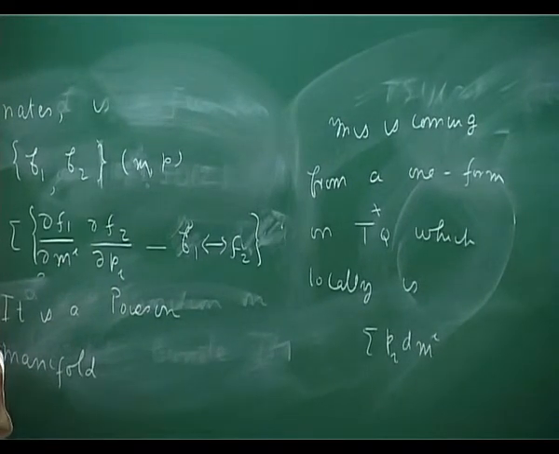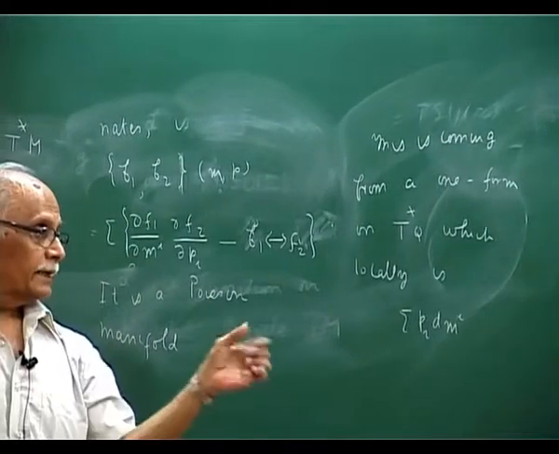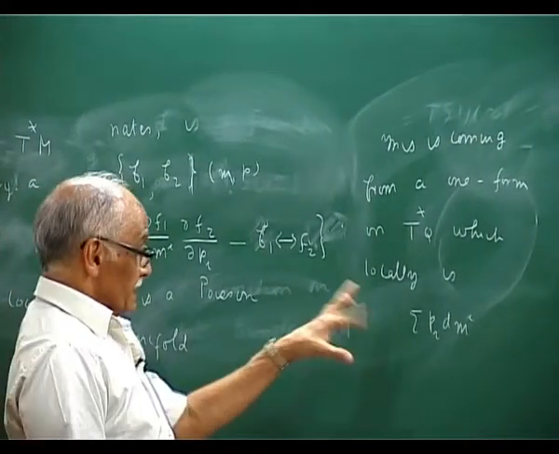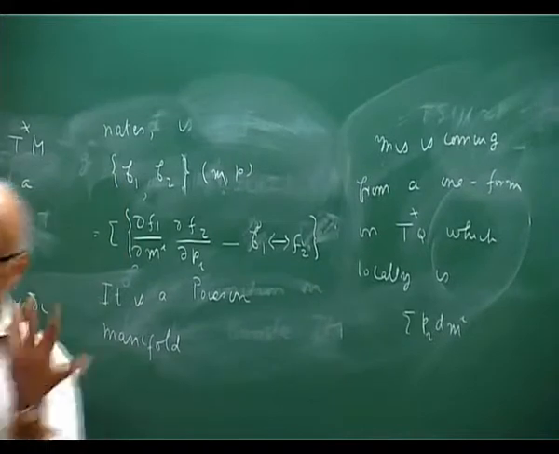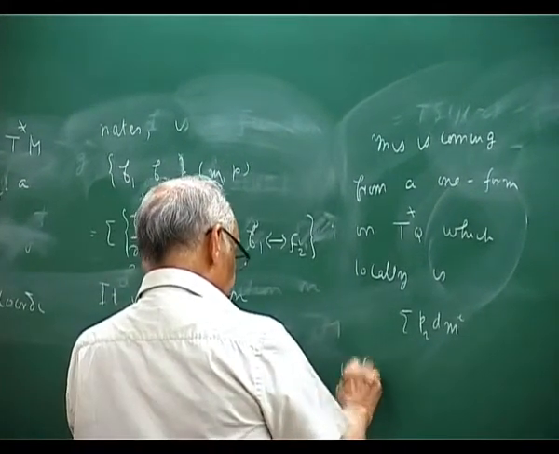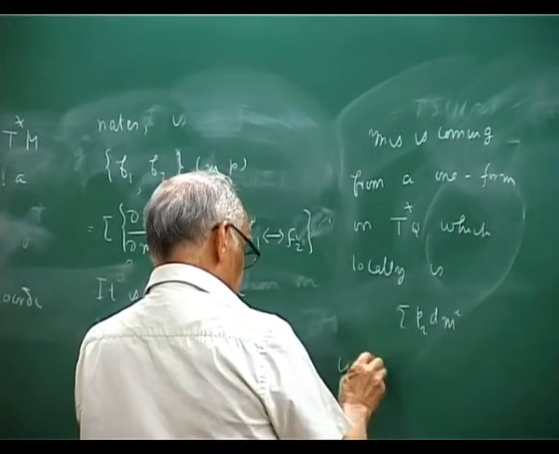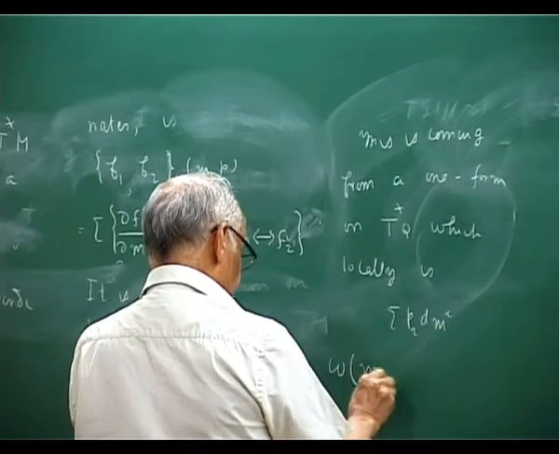If you take a point of T star M, this is a one form living on T star M. So the one form omega at the point (m, p).